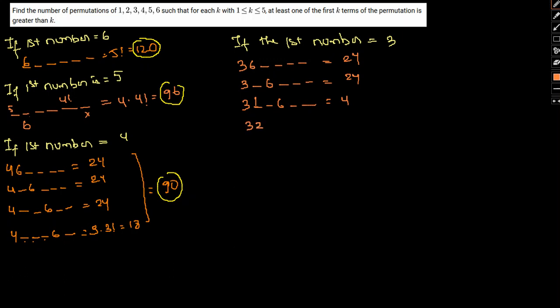Similarly, if we do 3, 2, 6, that's another 4 ways. Next we have 3, 4, 6, which can be done in 6 ways. Then 3, 5, another 6 ways, and another 5 case, again 6 ways.